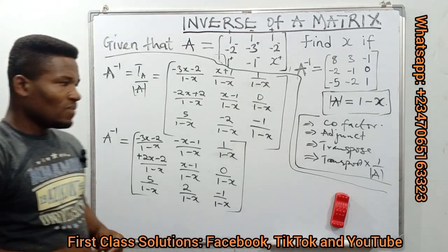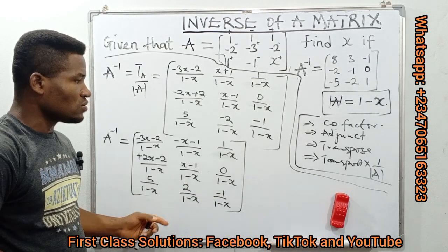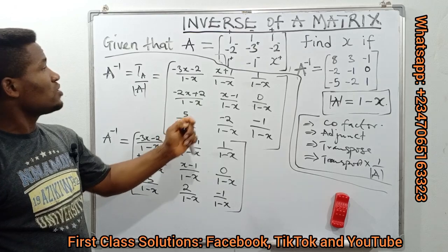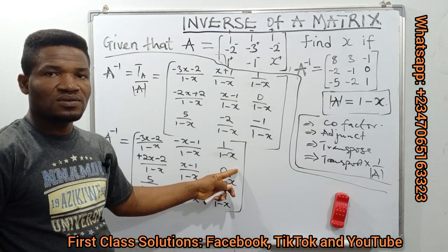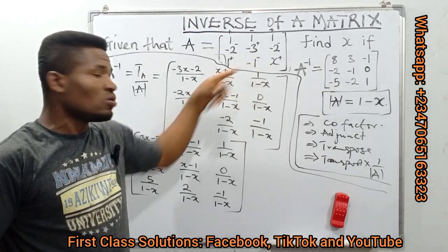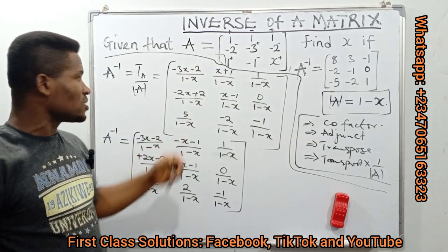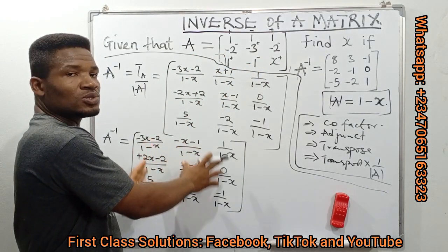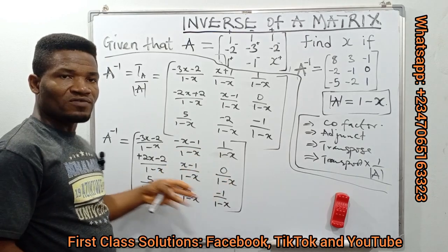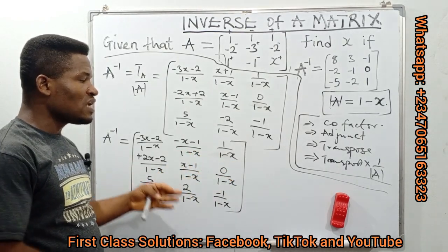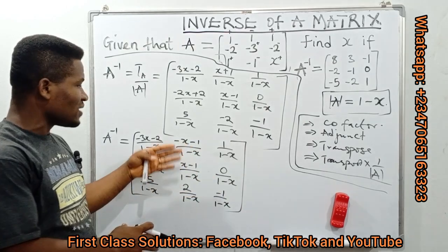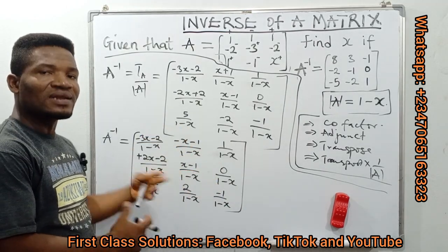Now, this is not the end of the solution, because they told us that we should find the value of this unknown, this x. Supposing there is no unknown in this matrix, it would have been values all through in the elements of this inverse of matrix A. But because we have an unknown, we keep having 1 minus x and the likes.